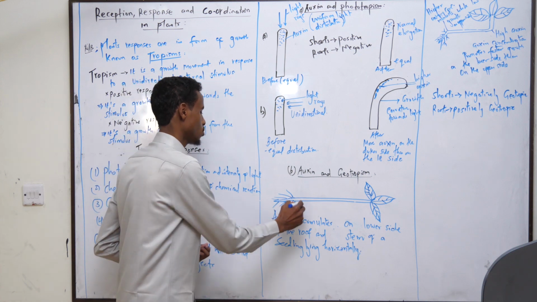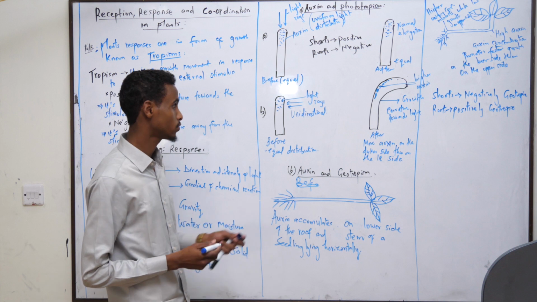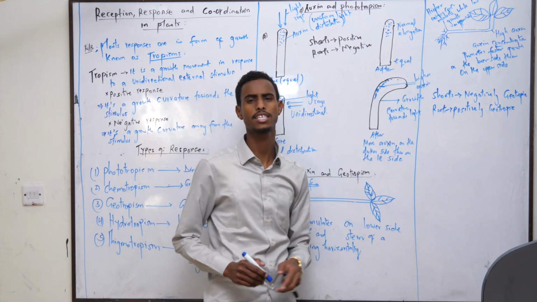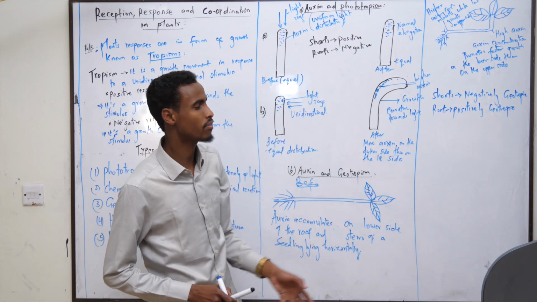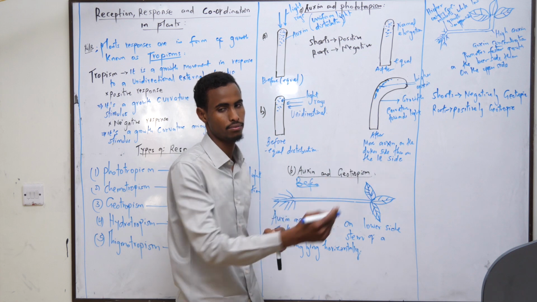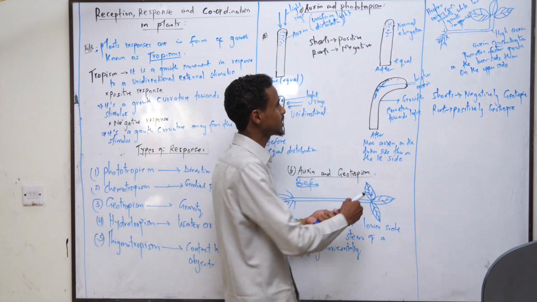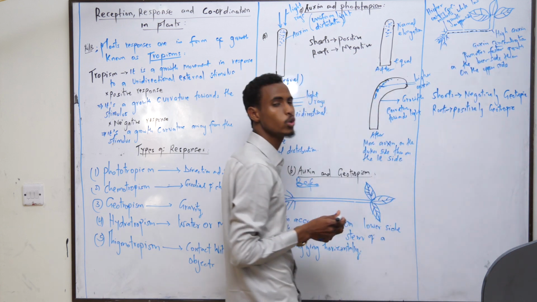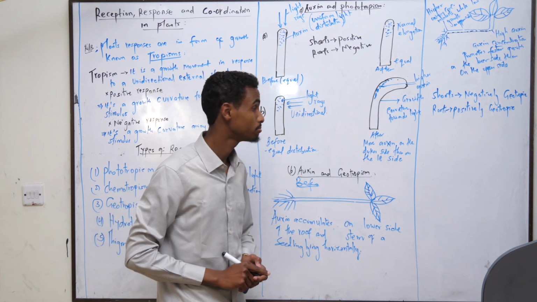This is before, or at the start of the experiment. This is how it looks after the experiment. We can see that this one has curved downwards, while the other one curved upwards. What has happened? We are going to see that the auxin was highly concentrated on the lower side of the root as well as the shoot.